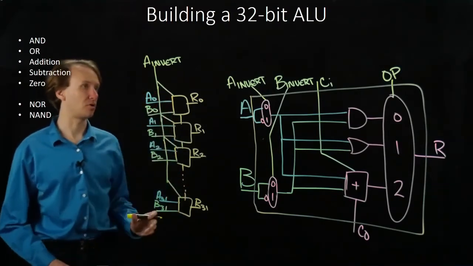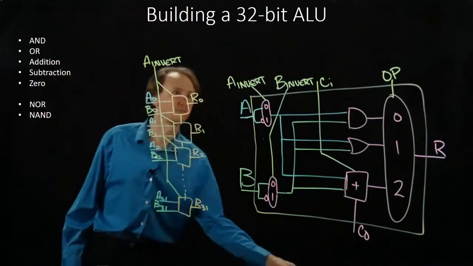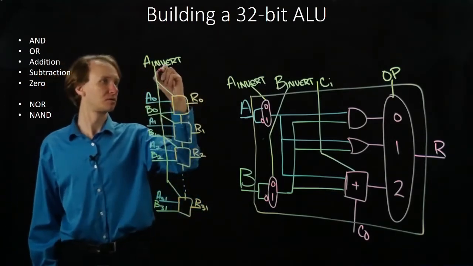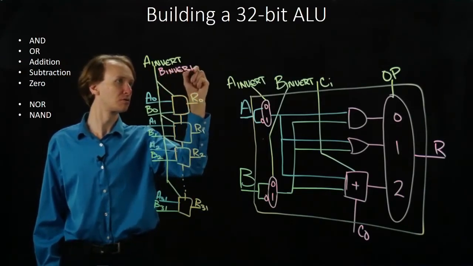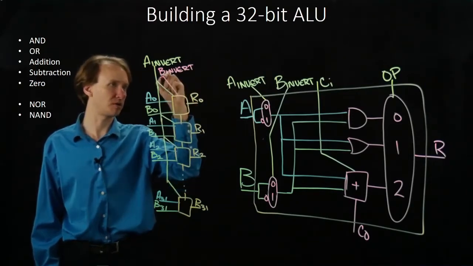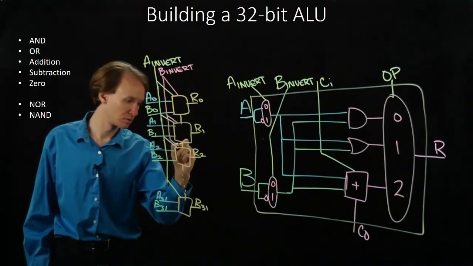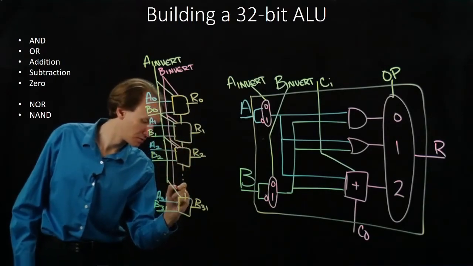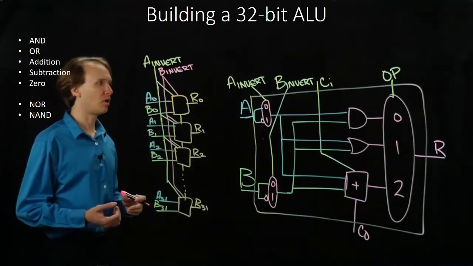So there's my A invert line. I will do the same thing for my B invert. So now I can invert A or B as I want.